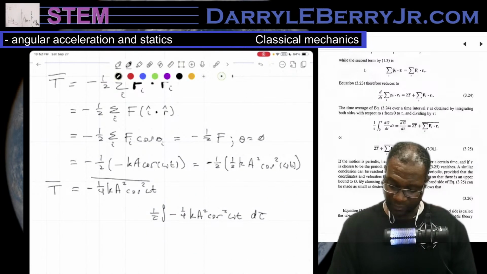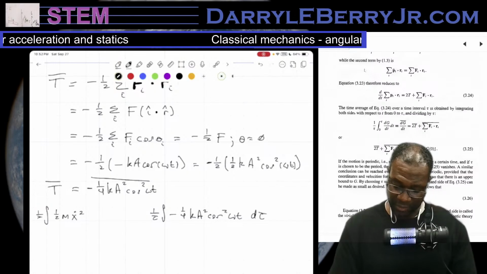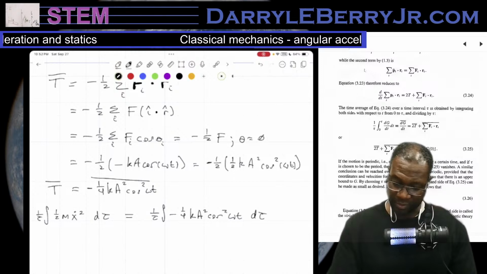So we have the integral of 1/2 m x dot squared, 1 over tau, d tau.